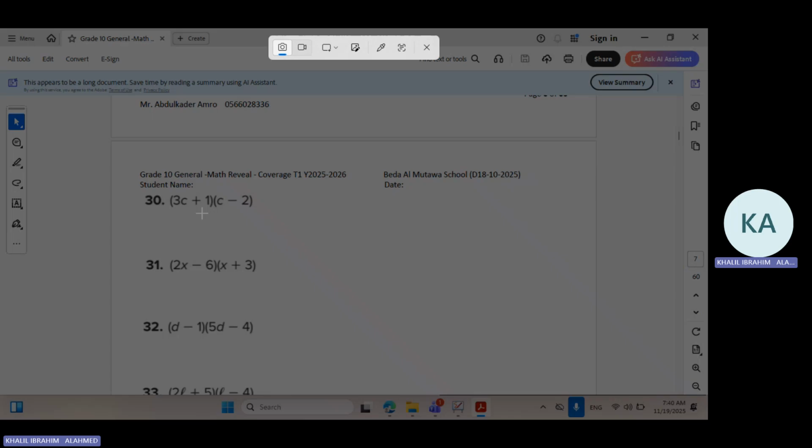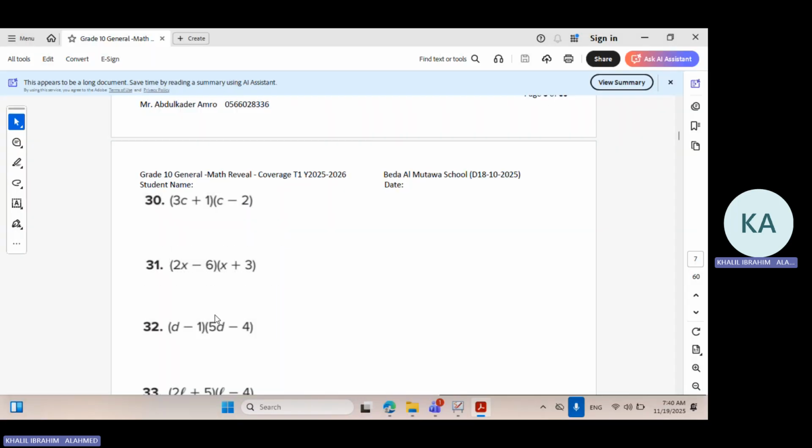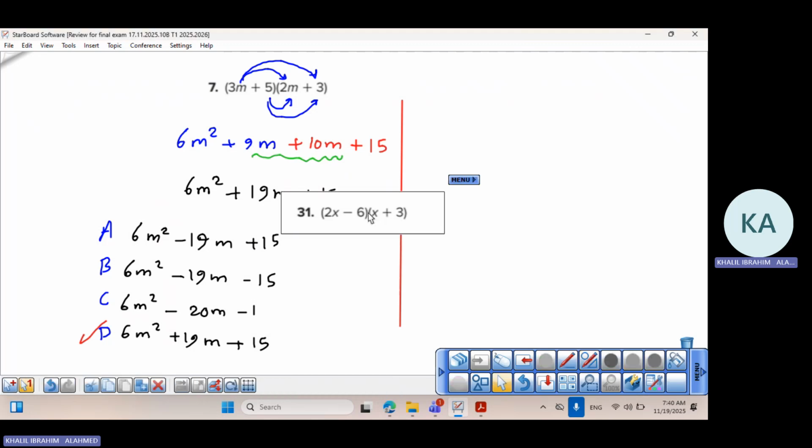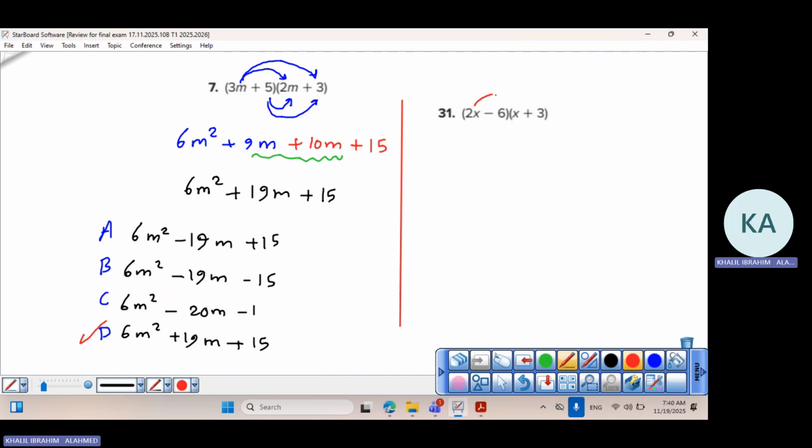Yes, question 31, as you see here. How to solve this question? I think just multiply the first with the first, the first with the second, and also like this. Be careful about how to distribute.